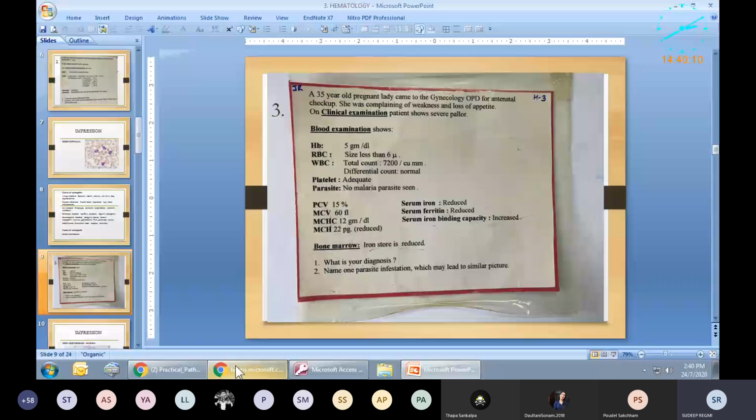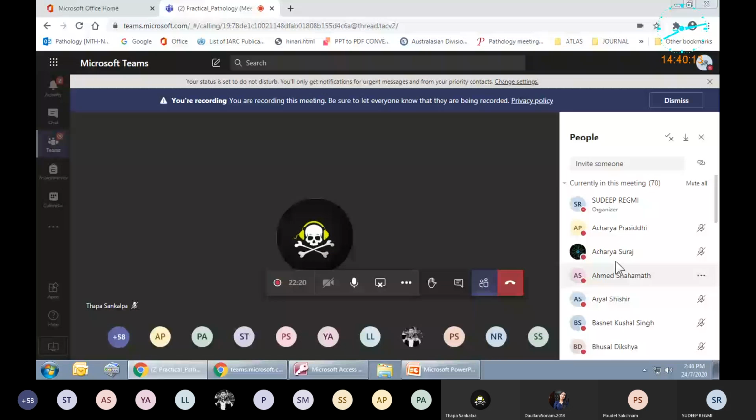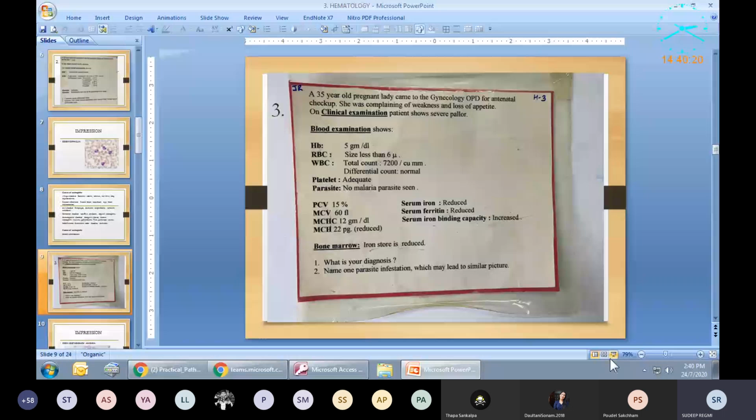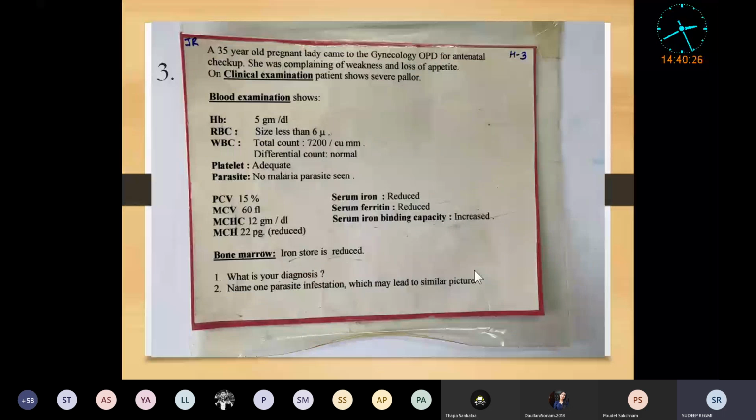Suraj Acharya. Yes, sir. Can you please revise the causes of eosinophilia which we have just discussed? So it can be due to allergic conditions, very good, one is bronchial asthma.